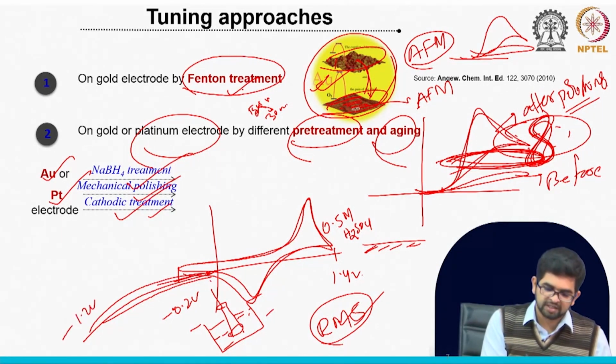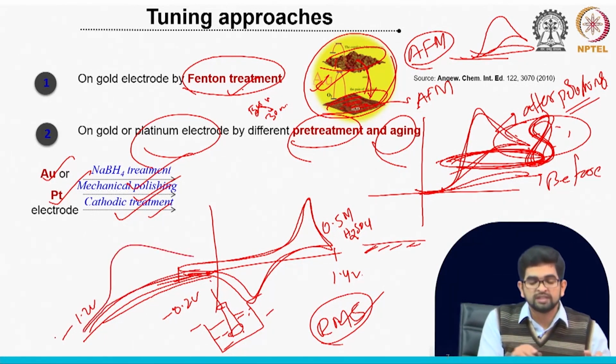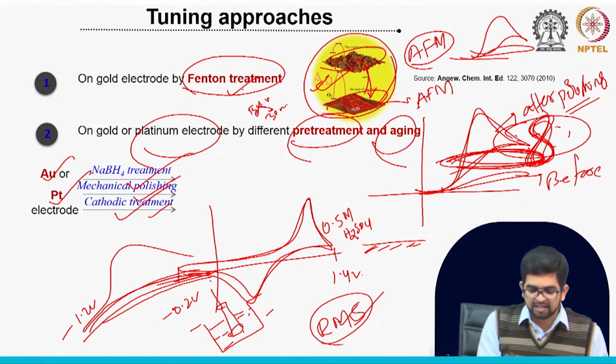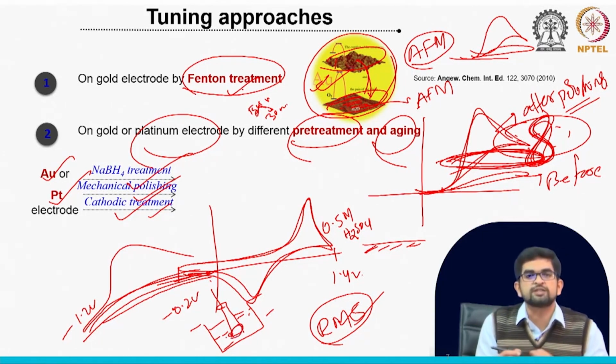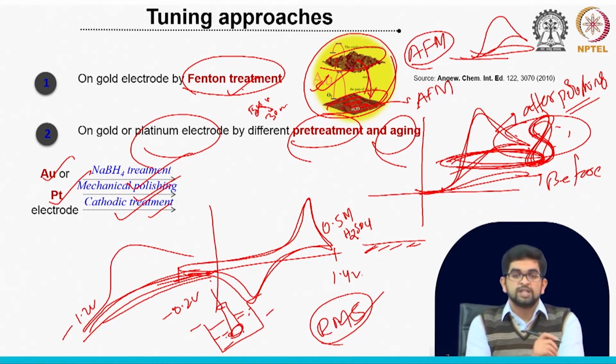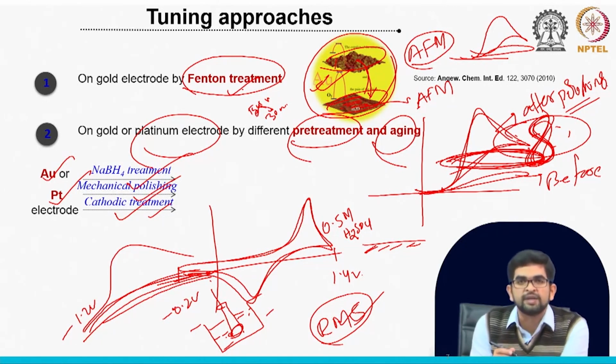So you can get reductions here, something like this. So this negative side treatment, that is called the cathodic treatment, can also help the reconstructions of your electrode surface, and you may get higher activity if you check before and after.